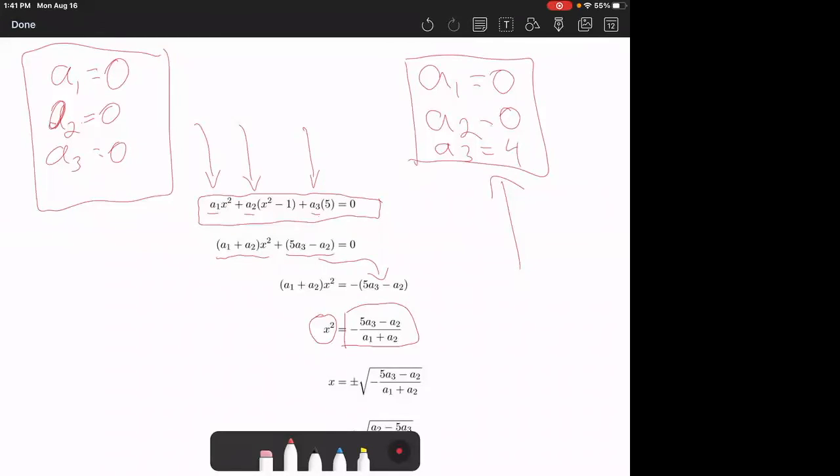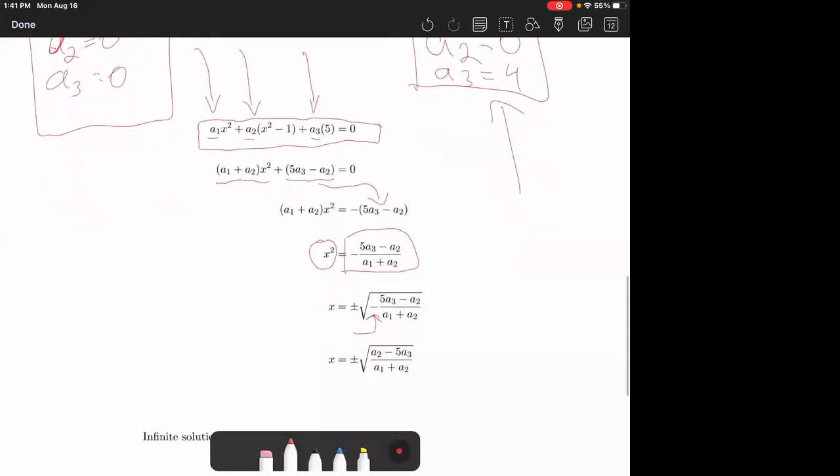Now, this may initially look like a problem because we have the square root of a negative, but we can just multiply that negative through the fraction. So -1 times 5a3 minus a2, that's just a2 minus 5a3. So now what we need to determine is, is this ever possible? Could x be equal to plus or minus the square root of a2 minus 5a3 over a1 plus a2?